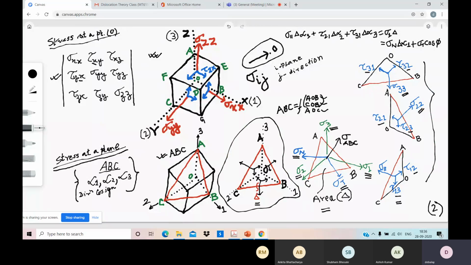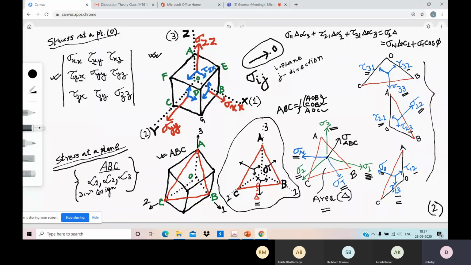How can they be related? They can be related if we equate the total force acting in a particular direction. Because we know the net force in any particular direction is 0 for a body to be under static equilibrium of forces. So the forces acting in a particular direction must balance each other. So you see sigma 1 is acting in the positive direction of 1, and sigma 1 1, sigma 2 1, and sigma 3 1 are acting on the opposite side.